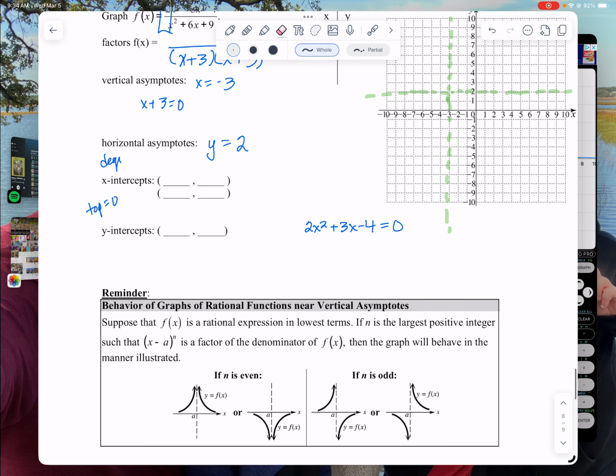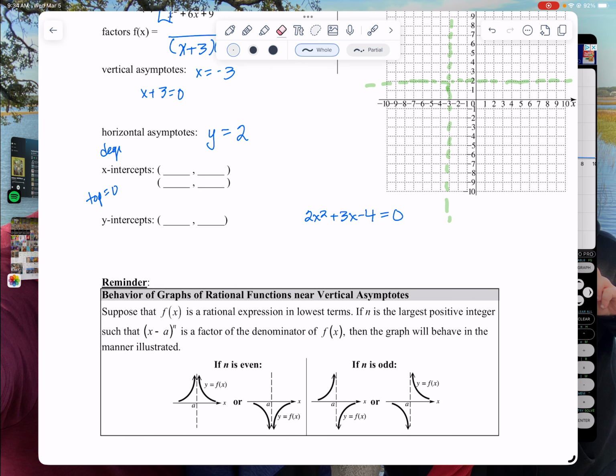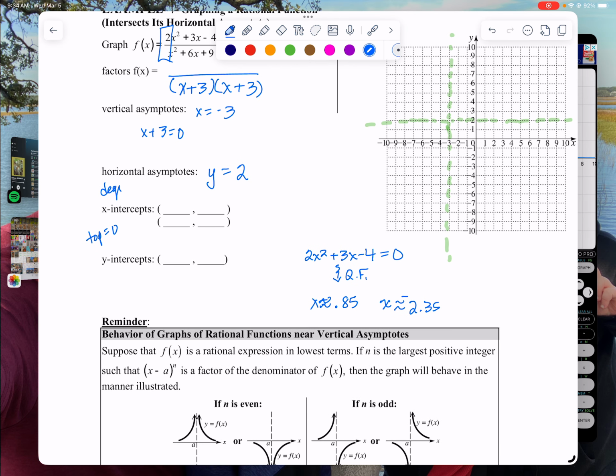When you plug it in, you're going to get about 0.85 and about negative 2.35. So about almost 1 and then a little less than 2. Well, that's interesting. This is where you know it's going to be weird. So let's put that in there: 0.85, 0, and negative 2.35, 0.